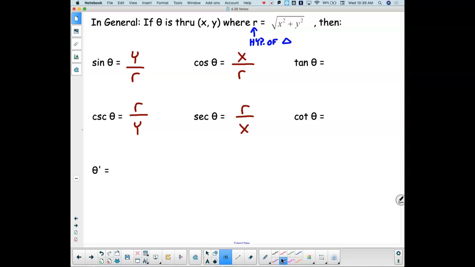Wait for it. Tangent. Y over x. Cotangent. X over y.